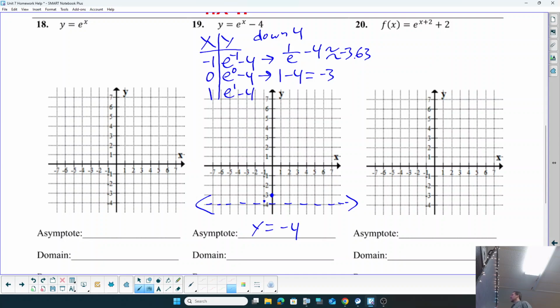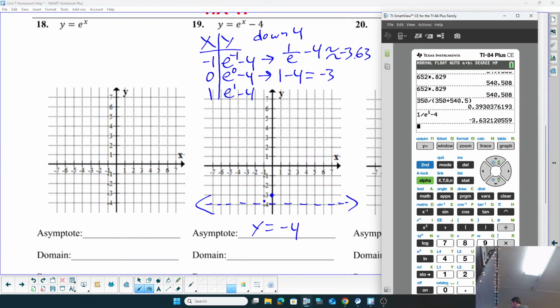And then e to the first power minus 4 is like 2.781828 minus 4, which is about -1.28. So again, it's e to the first power minus 4.